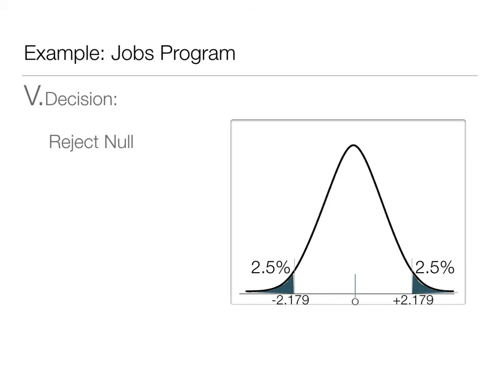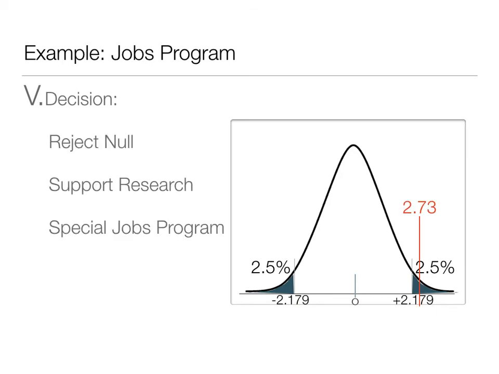And we're going to be able to reject the null and support our research hypothesis. Our 2.73 falls into that cutoff area, right? It falls into that area that we said, hey, if you're here, then there's less than a 5% chance that we're getting this difference because of random factors, okay?